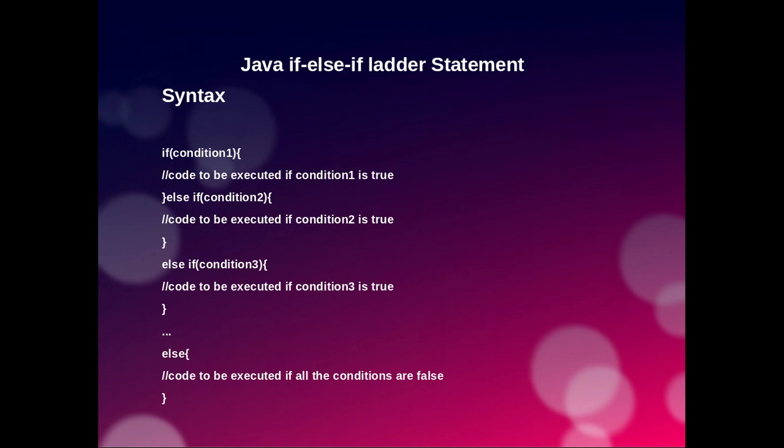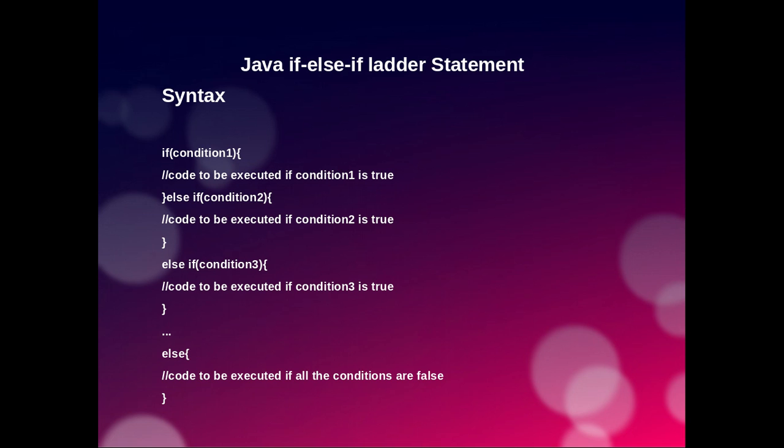Now the next statement is the Java if-else if ladder statement. The syntax is: if the condition, this is condition 1, is true, then it will execute the statement. If the condition is false, then it will check the else block. Within that else block, we specify another condition, condition 2.